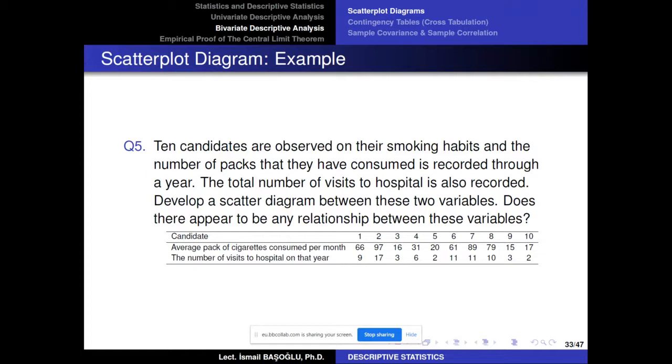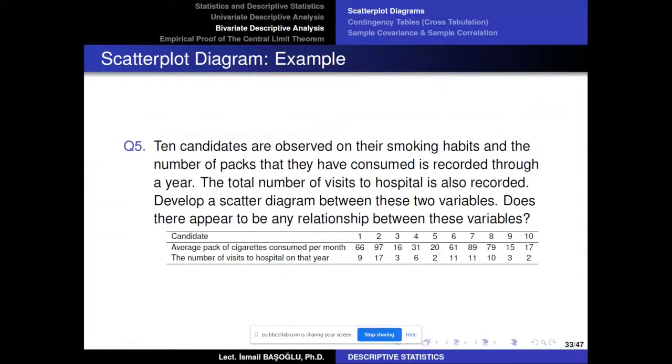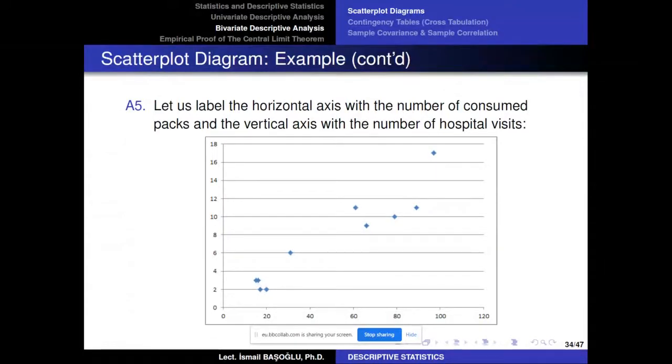Now, our objective here is this: is there a relationship between these two variables? Can we say that the more cigarettes consumed, the more the number of visits increases? It is only possible to state a hypothesis about this, and to draw a scatter plot diagram such as this.